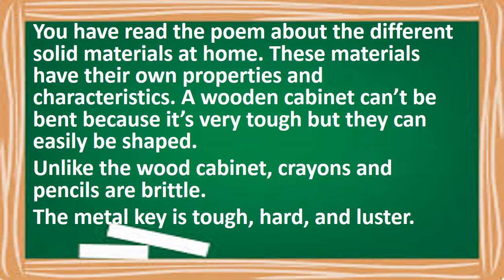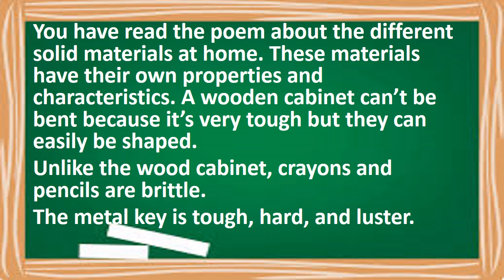You have read the poem about the different solid materials at home. These materials have their own properties and characteristics. A wooden cabinet can't be bent because it's very tough, but it can easily be shaped. Unlike the wood cabinet, crayons and pencils are brittle.